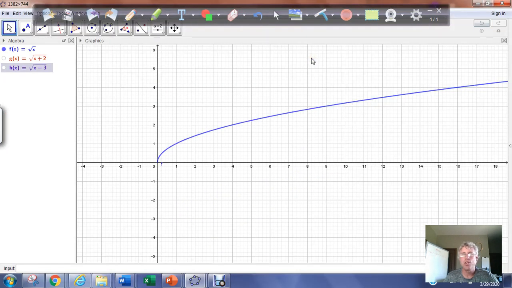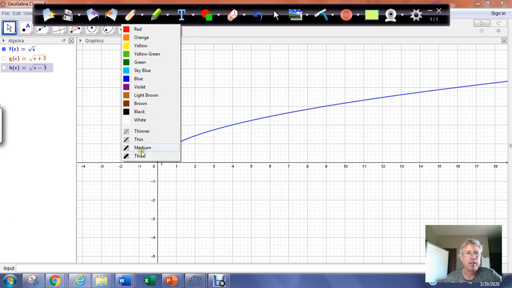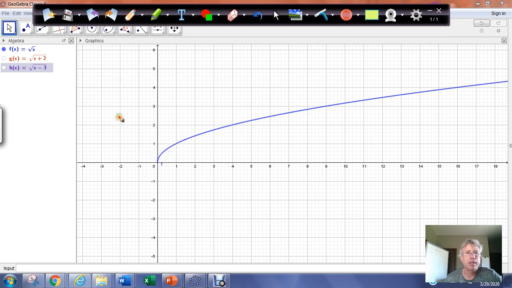So here I've got GeoGebra open. The directions were to construct a graph, a new function g, that we build from the function f by adding 2 to the input variable.